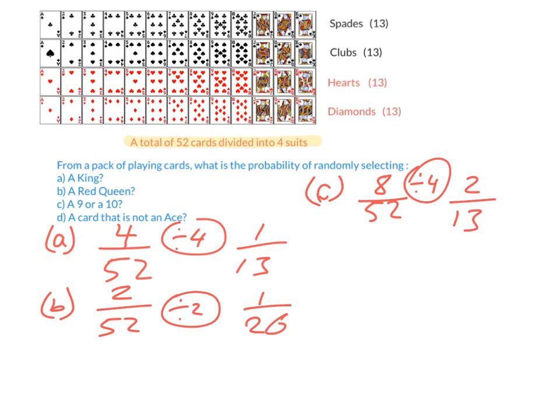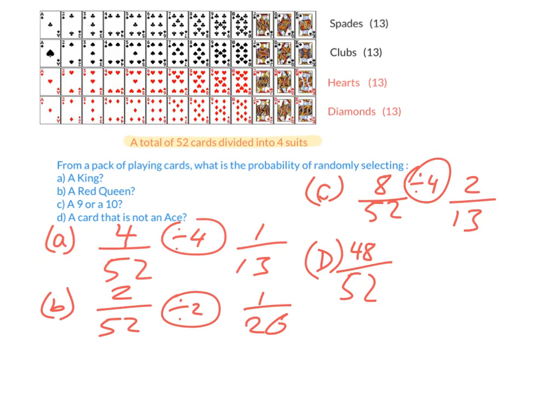Question D asks for the probability of a card not being an ace. So, like before, we have 52 cards in our pack. We've got 4 aces, which means we must have 48 cards that are not an ace.